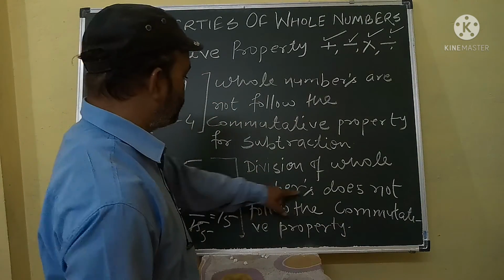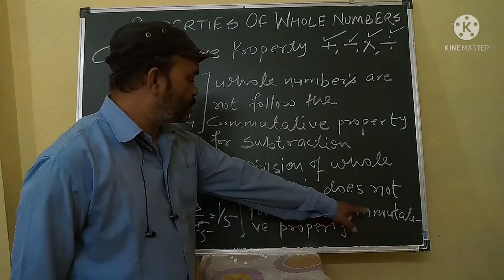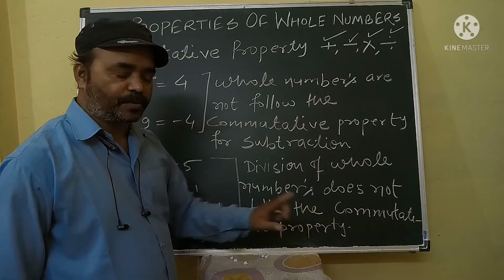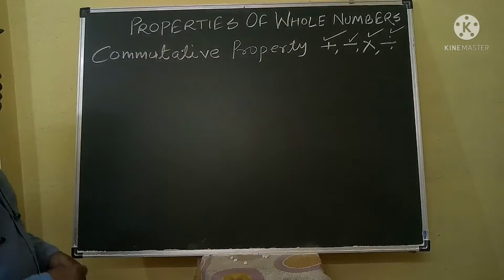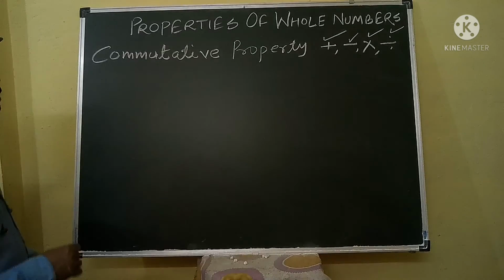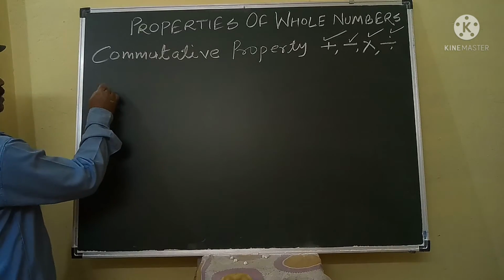In this example, what you are looking at, whole numbers are commutative.